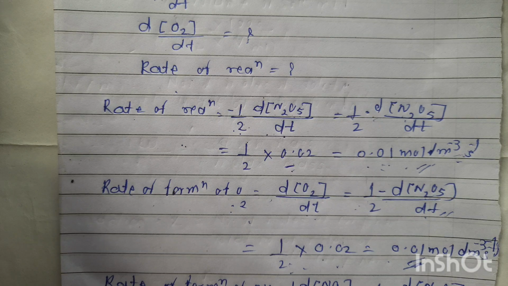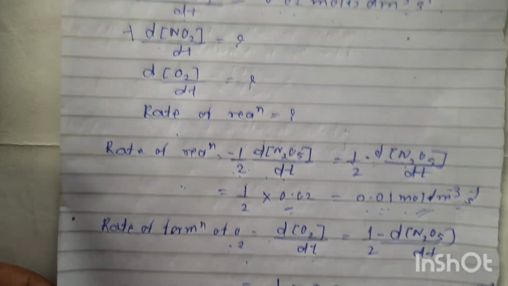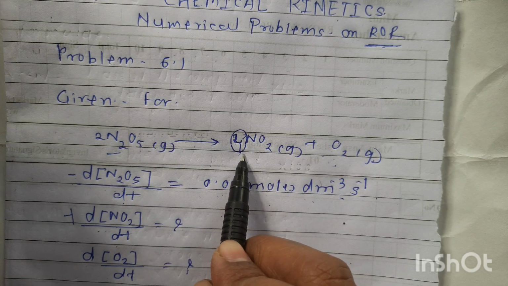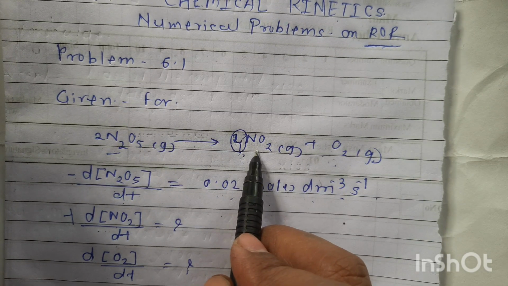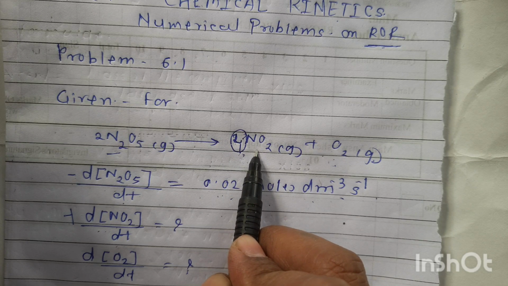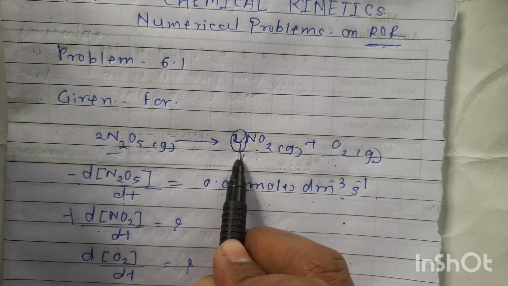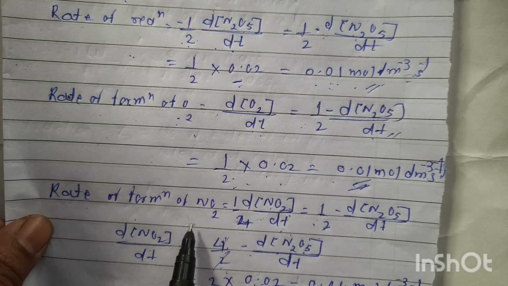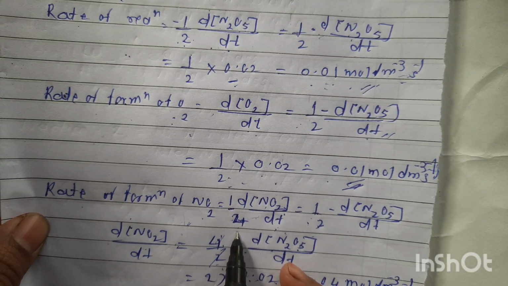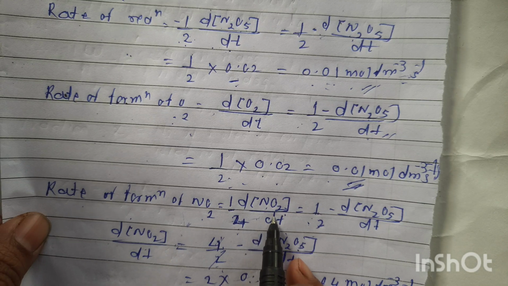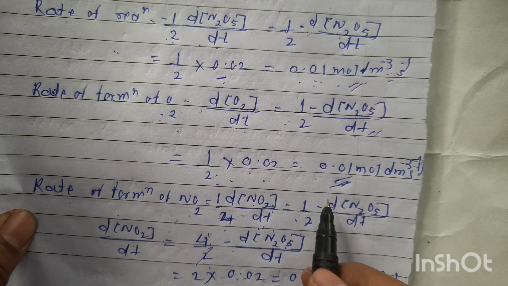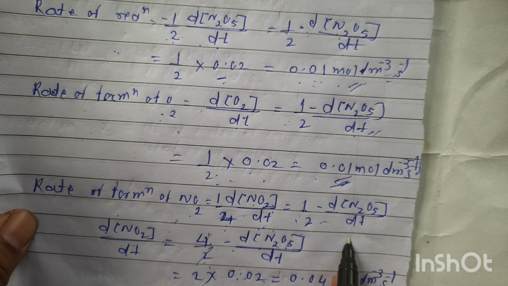Now the rate of formation of NO2. For this you just refer to this reaction. What is the stoichiometric coefficient? The stoichiometric coefficient is 4 for NO2, and that's why the rate of formation of NO2 is multiplied by 1 by 4. So the rate of formation of NO2 is 1 by 4 of dNO2 by dt, which is equal to the rate of disappearance of reactant, that is 1 by 2 dN2O5 by dt.